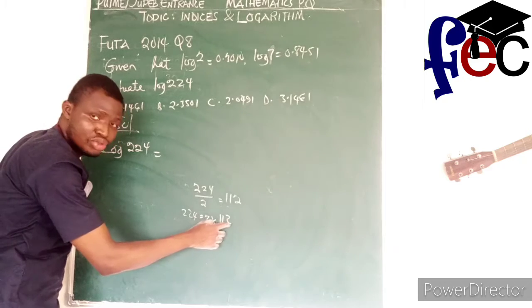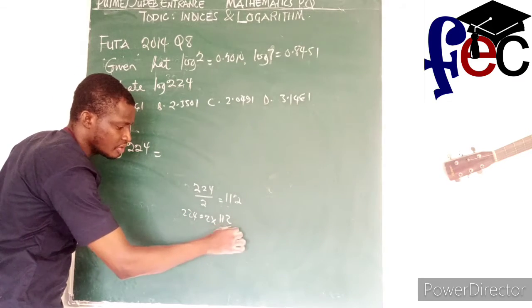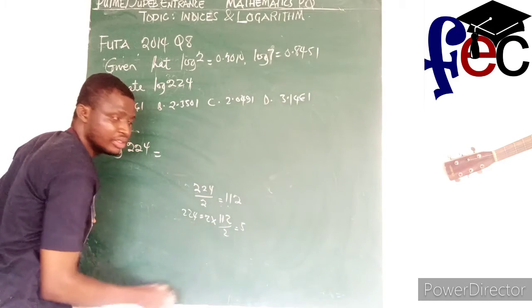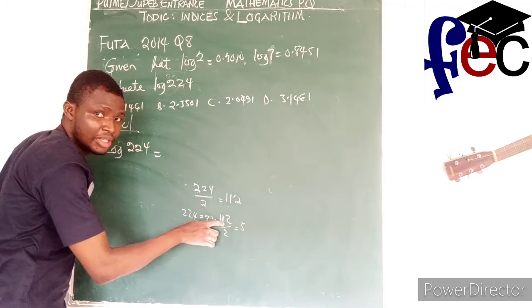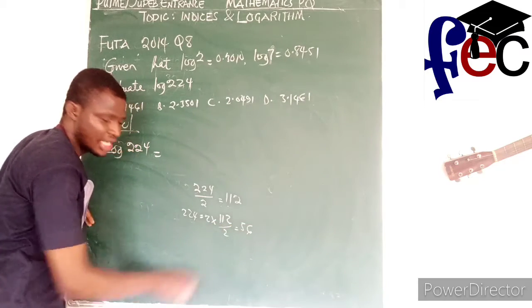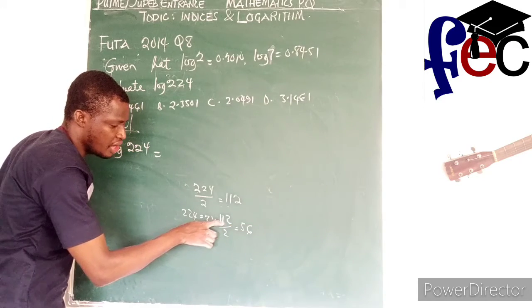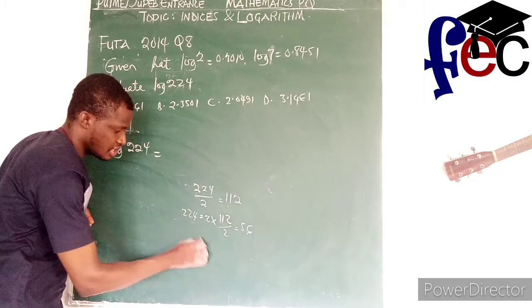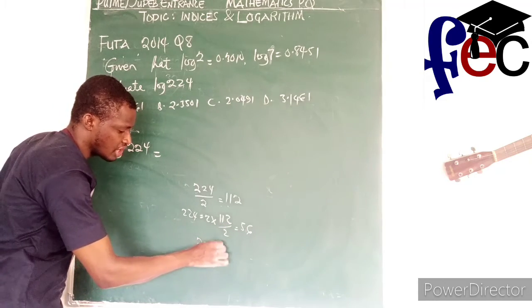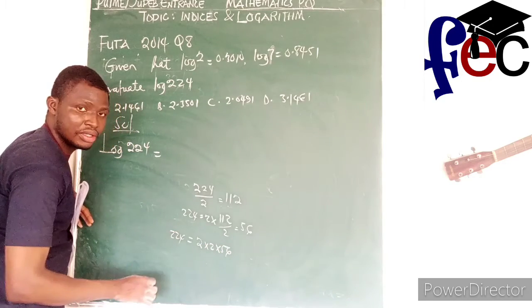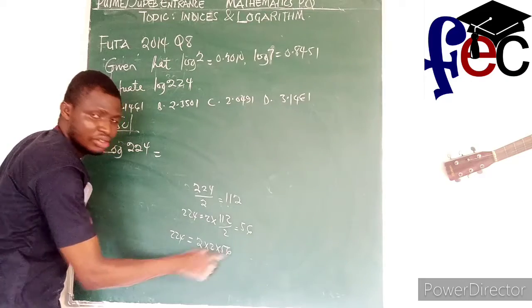If I divide 112 by 2 again, what would that give me? 2 in 11 is 5, remaining 1; 2 in 12 is 6. That shows that 112 is the same thing as 2 times 56. That shows that 2 times 2 times 56 is actually what? 224.